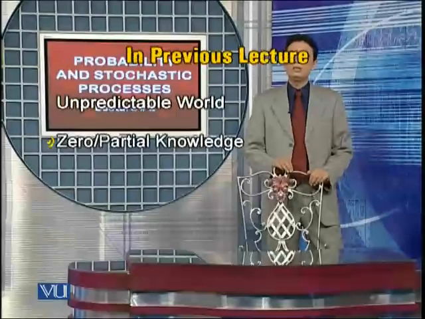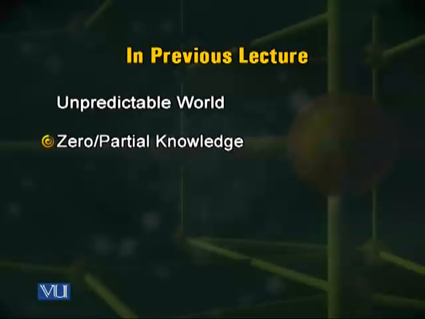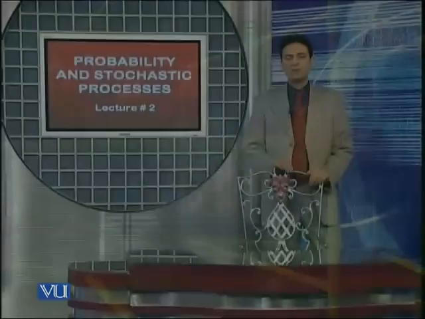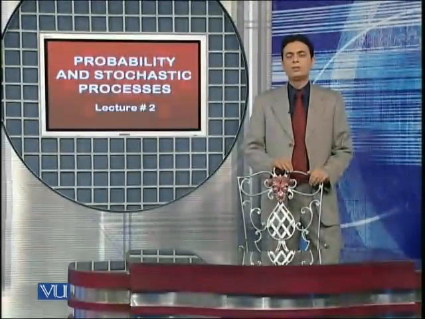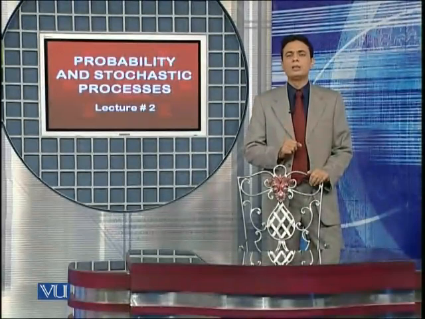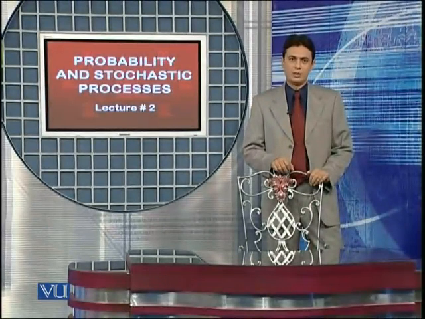And we have either zero knowledge or partial knowledge about these factors. And because of this lack of knowledge, we cannot precisely predict what the outcome is going to be.